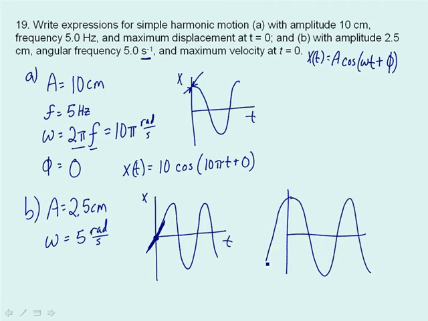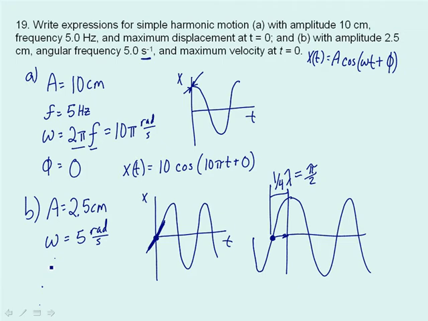I want to shift so that this point comes right here. That is a shift of 1/4 of a wavelength. In radians, a full wavelength is 2 pi radians, so 1/4 of a wavelength is pi over 2.